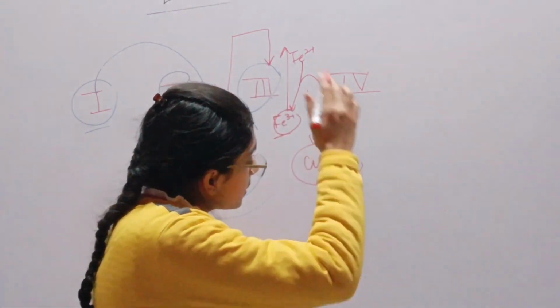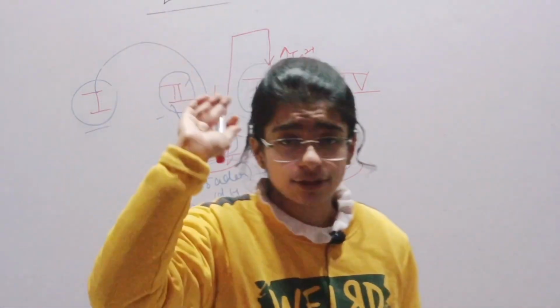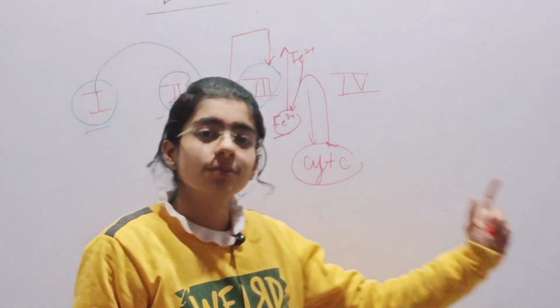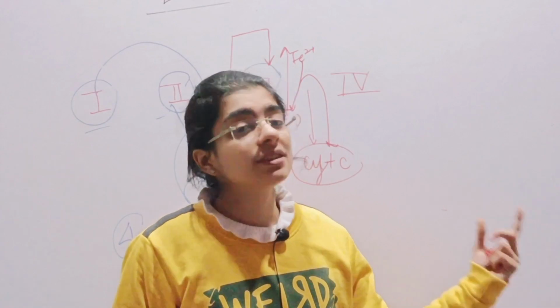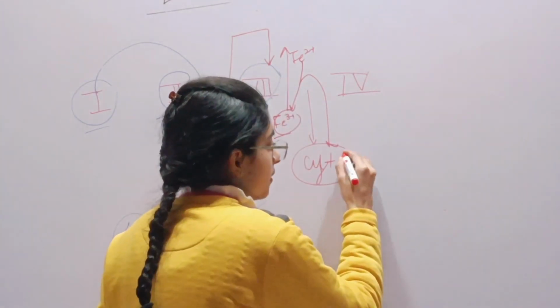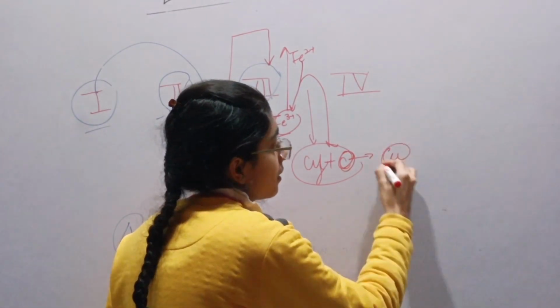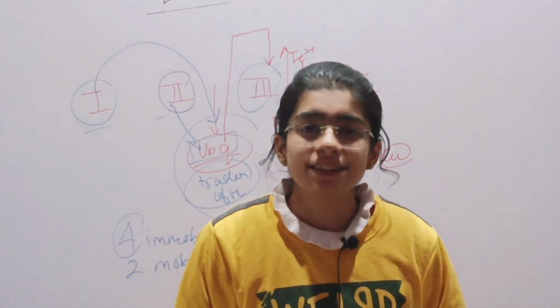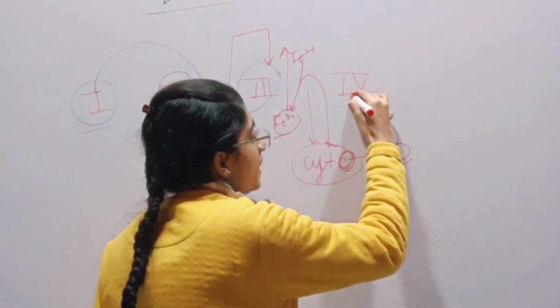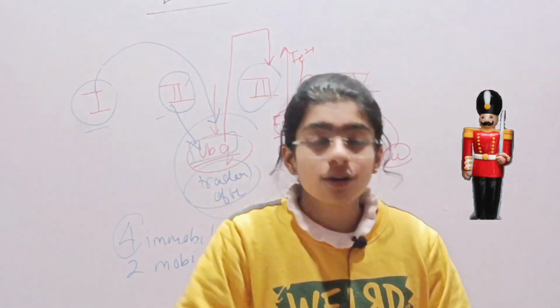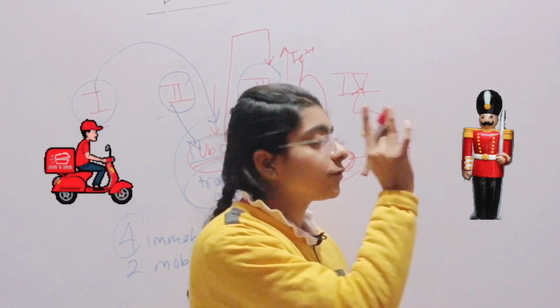Now cytochrome C, after being full of electrons, has a brother. And who is that brother? From C, you can remember the element copper. And where is that present? In complex 4. Copper is the security guard or the delivery person of complex 4.